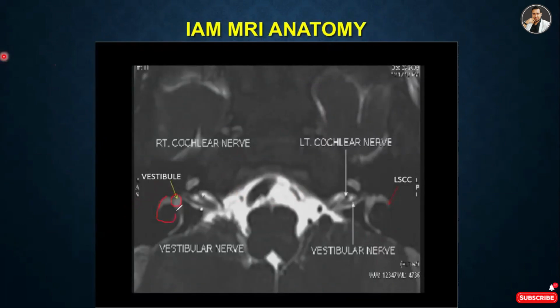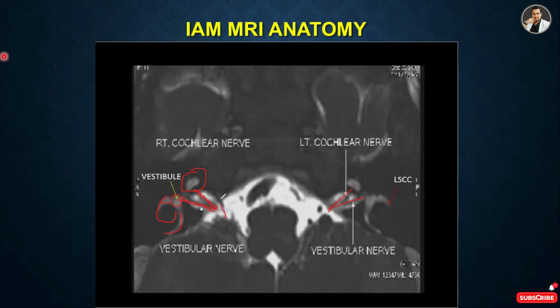These are round. This is semicircular. This is our cochlear nerve. This is cochlear. This is the vestibular nerve. This nerve is going to the vestibular nerve. And this nerve is going to the cochlear nerve. This is the cochlear nerve. And this is the vestibular nerve.